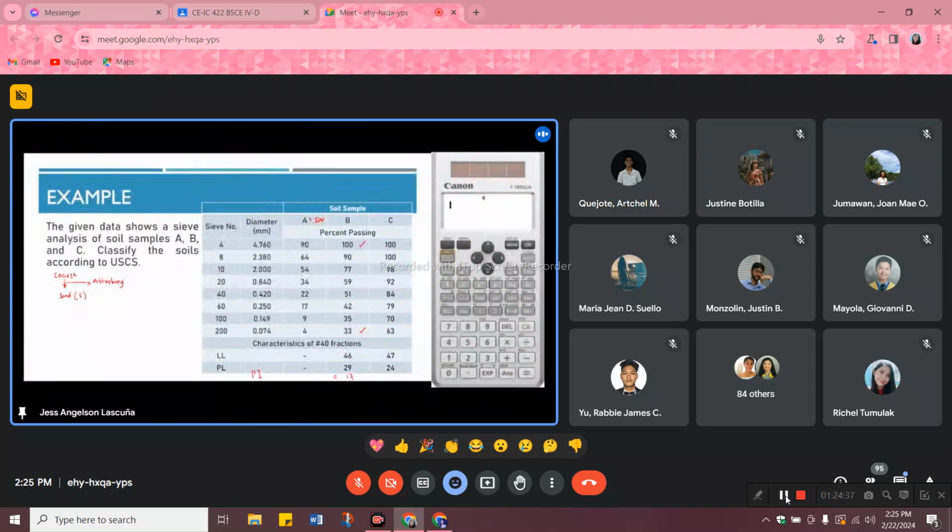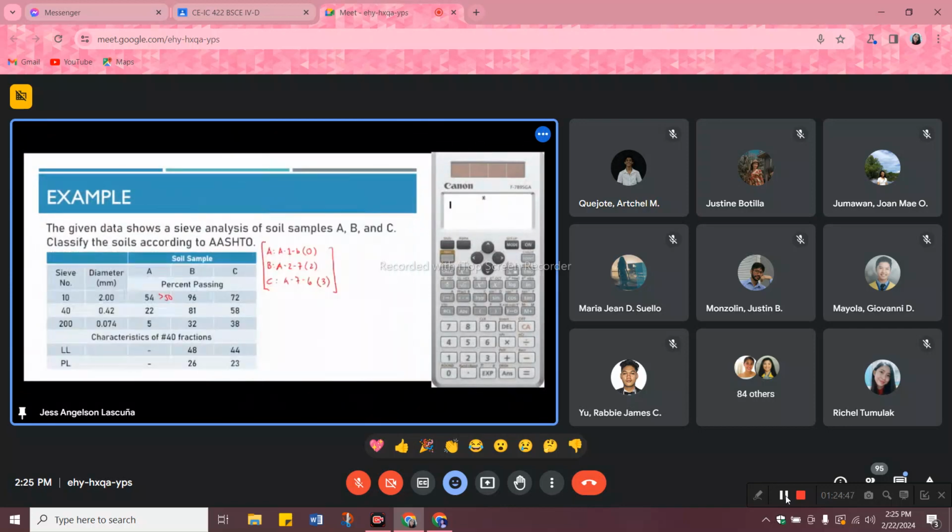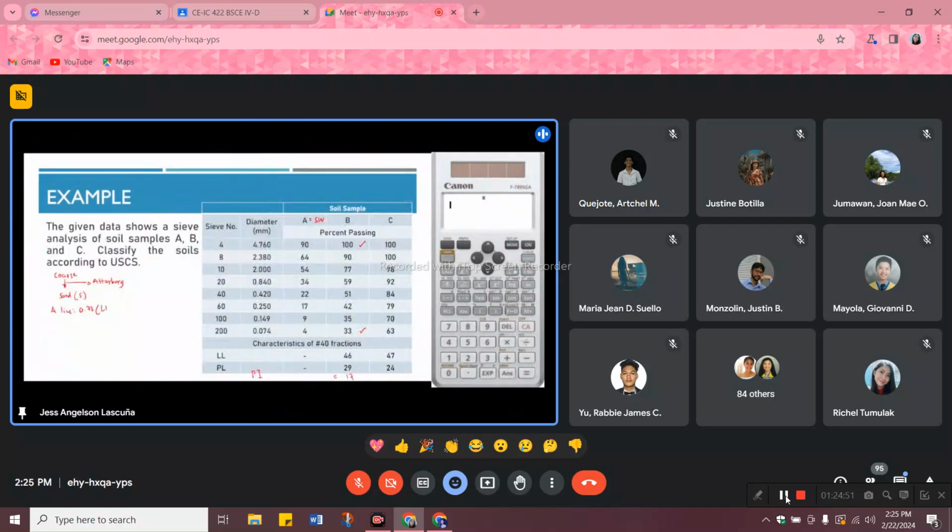So we will determine if it is below the A line or above the A line. The formula of the A line for PI is 0.73 LL minus 20.